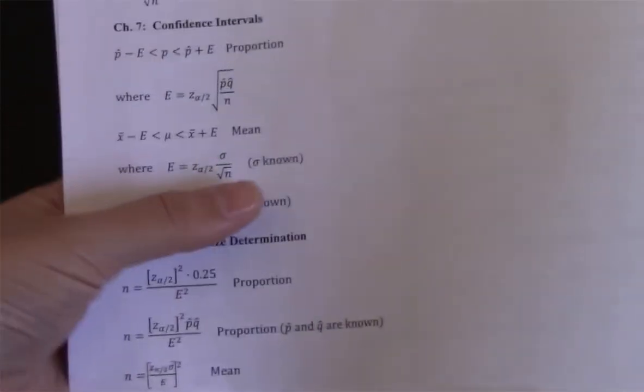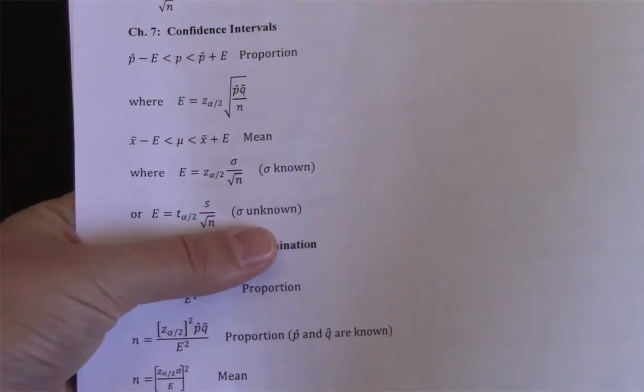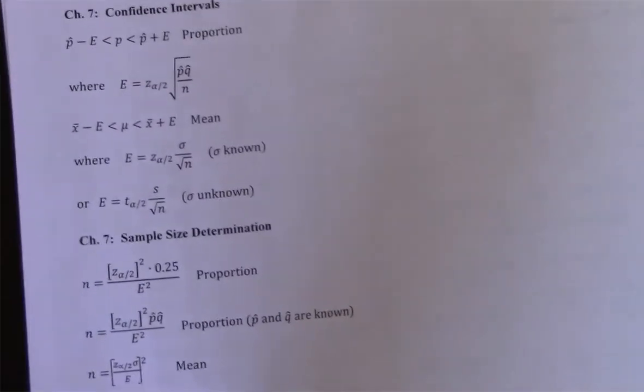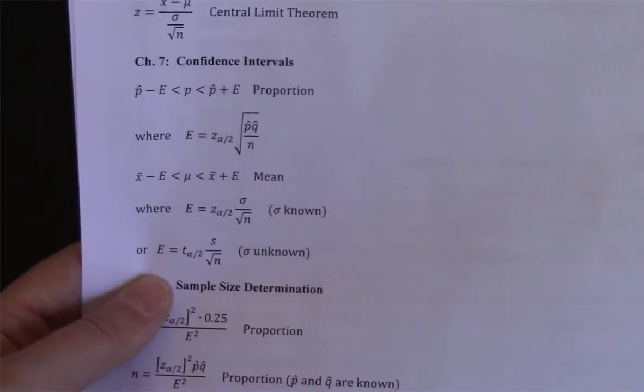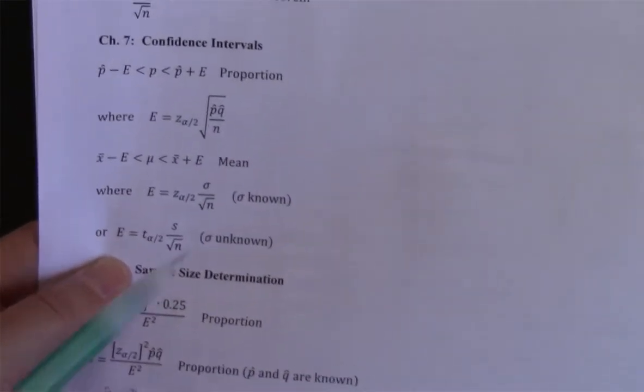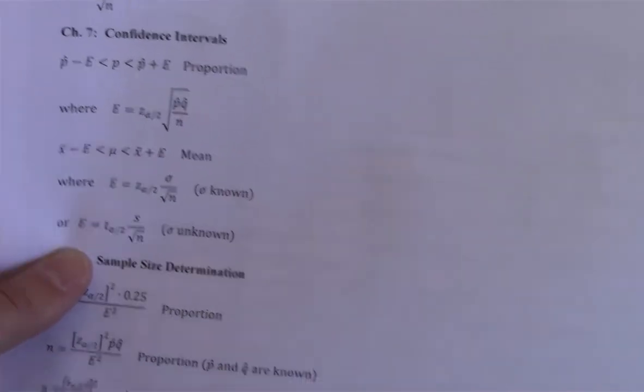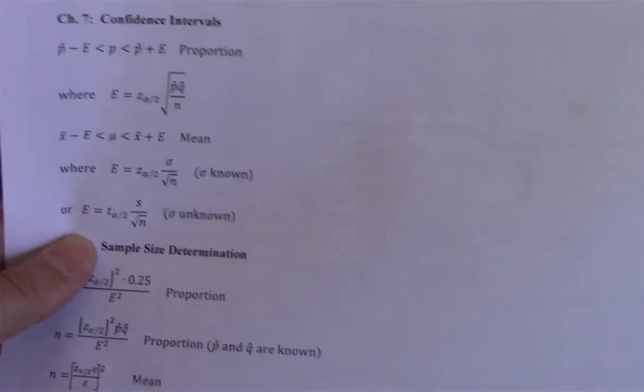Alright, so is sigma known or sigma unknown? In this case, sigma is unknown, right? They didn't even calculate the mean for us. All they did is give us data. It's a small amount of data too, so once I calculate the sample standard deviation, I'm not going to be able to assume that it is close enough to the population standard deviation, because my sample size is so small.